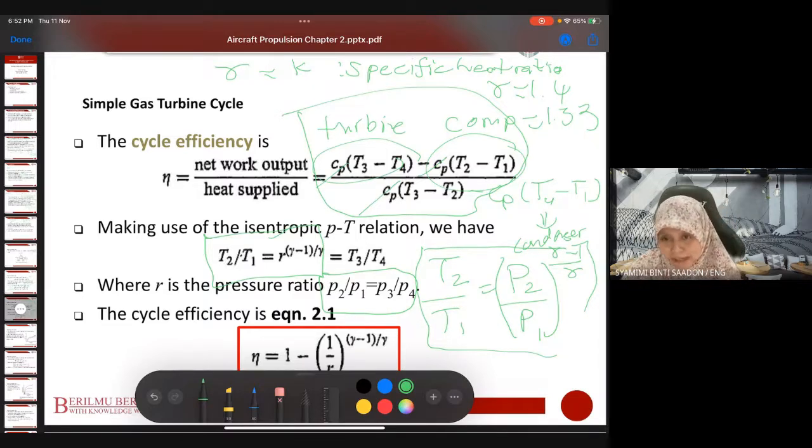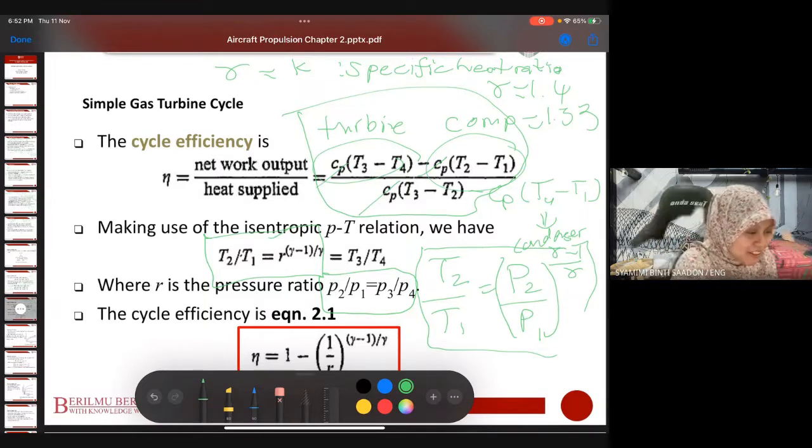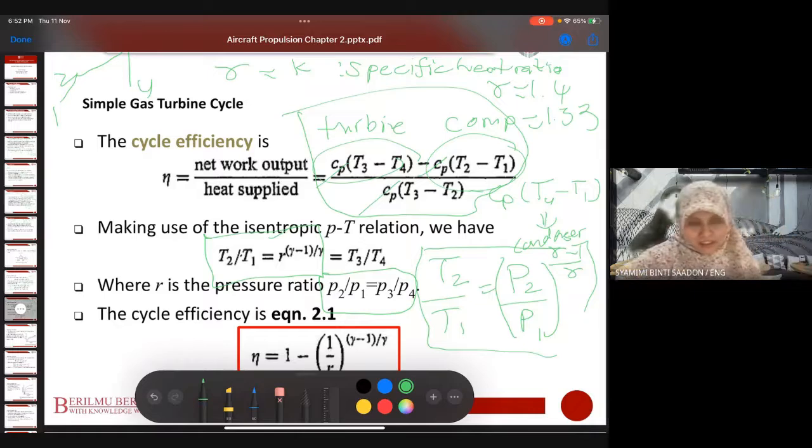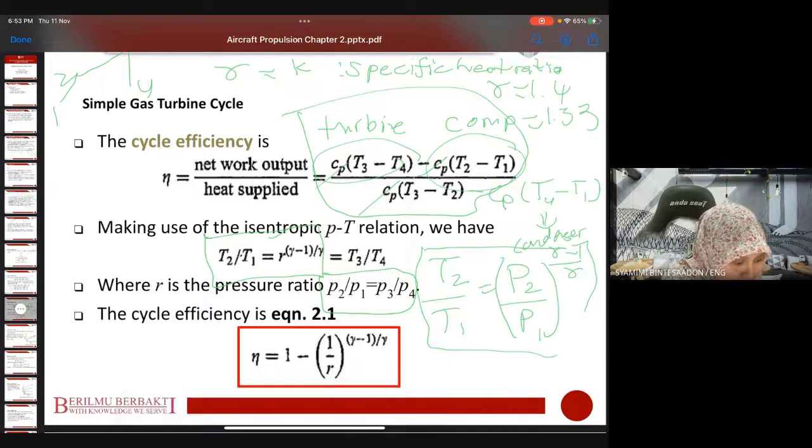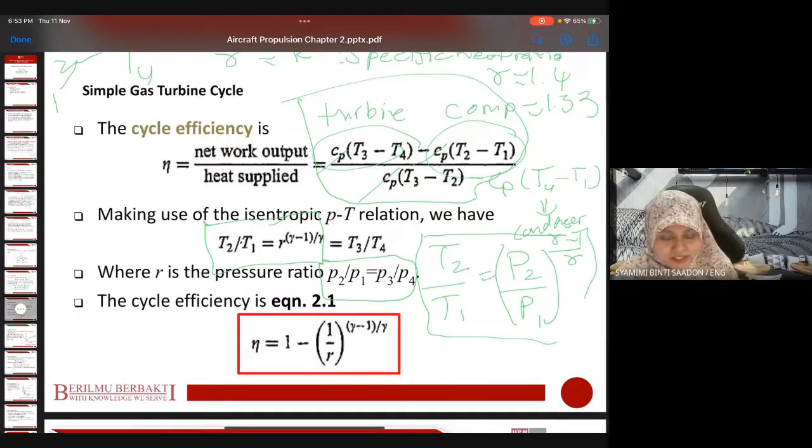P3 is the turbine inlet and P4 is the turbine outlet. Again, in the cycle, 1, 2 is the inlet and outlet of the compressor, 3, 4 is the inlet and outlet of the turbine. That is what we call the pressure ratio, R, or sometimes written as pi. So the cycle efficiency, the symbol eta, can also be written this way, in the red box.